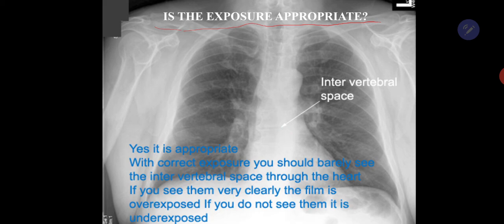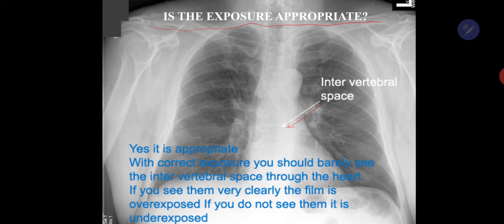See, this is the intervertebral space, and with correct exposure you should barely see the intervertebral space through the heart. See, we are barely seeing.